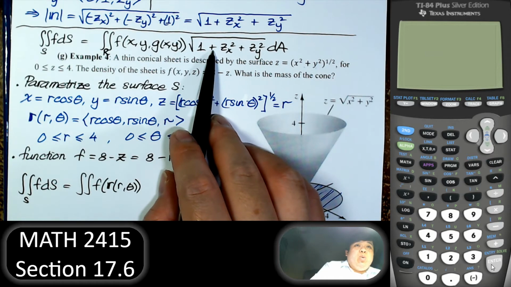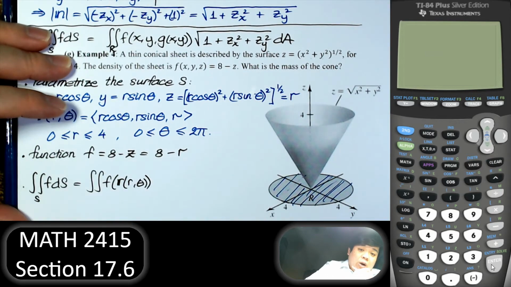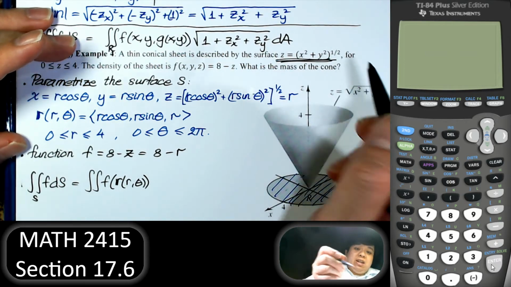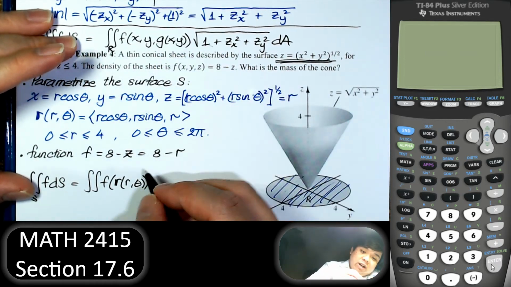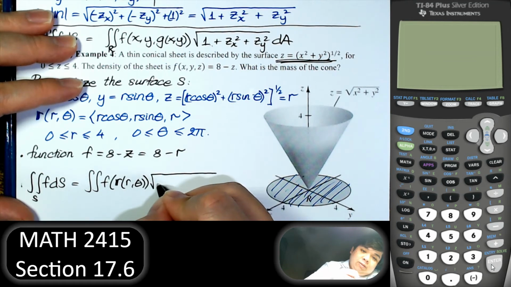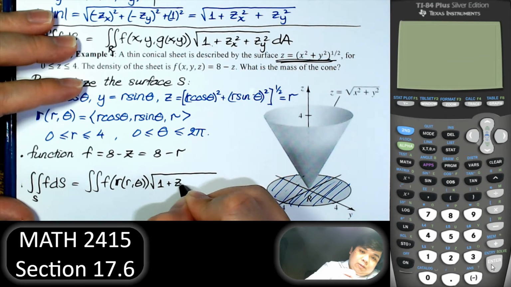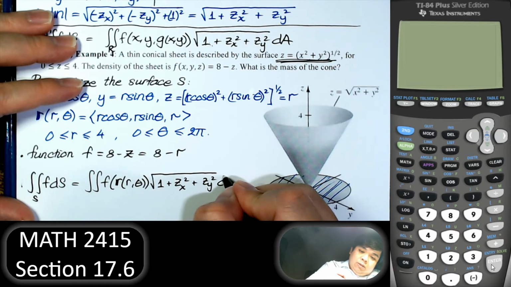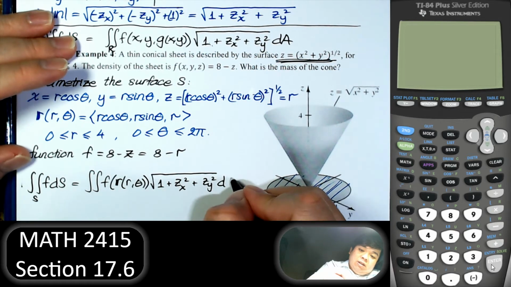You may ask, why didn't we calculate the normal vector? Well, we didn't have to, because if the equation is given like this, we can just use that for the normal vector. The dA, let's just write dA for now.